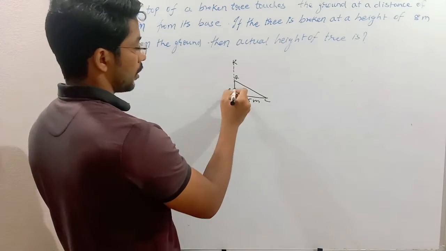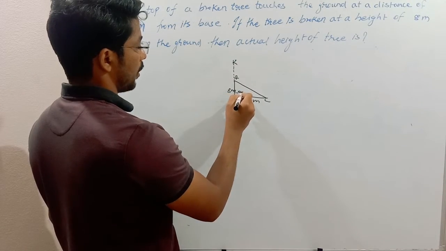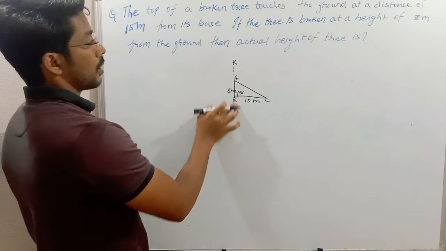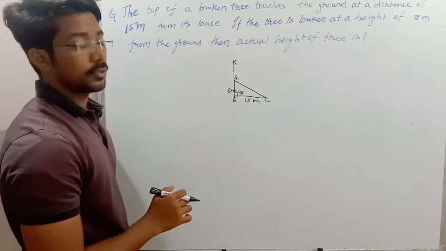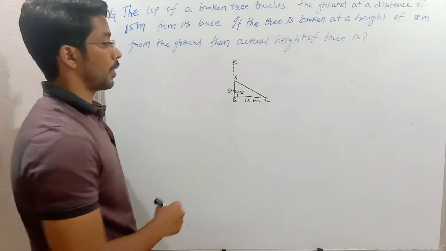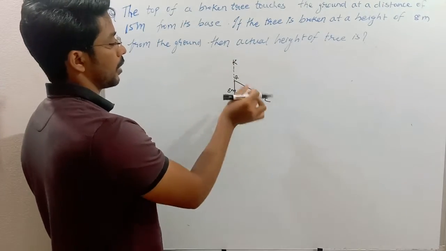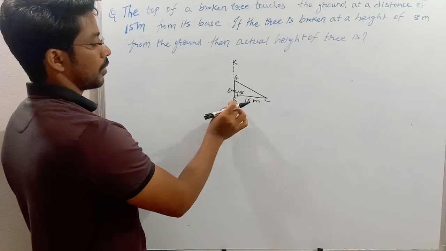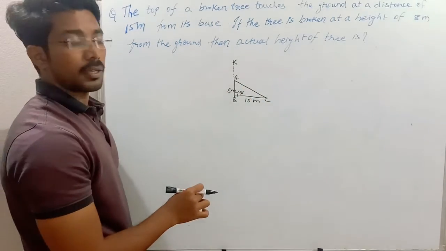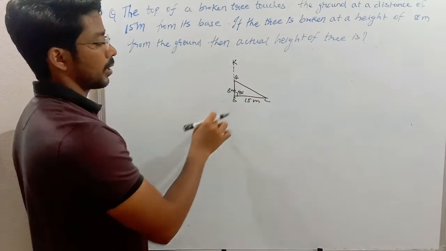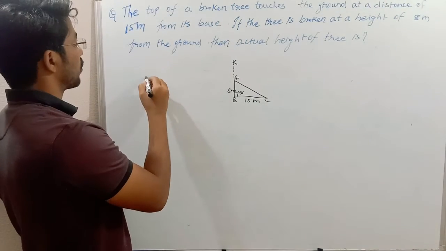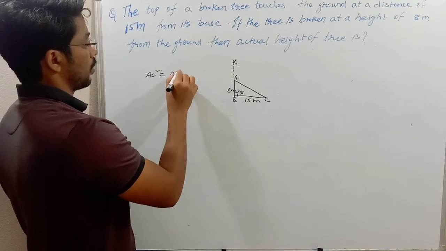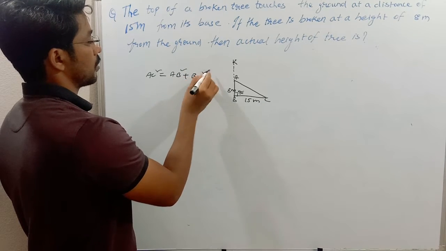We know that here it is 90 degrees. So what is he asking? The actual height of the tree we need to find out. In order to find the actual height we need to find AC. If you observe, this is a right angled triangle. By Pythagoras theorem, hypotenuse AC square is equal to AB square plus BC square.